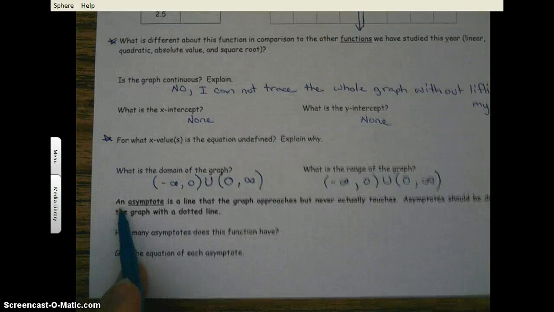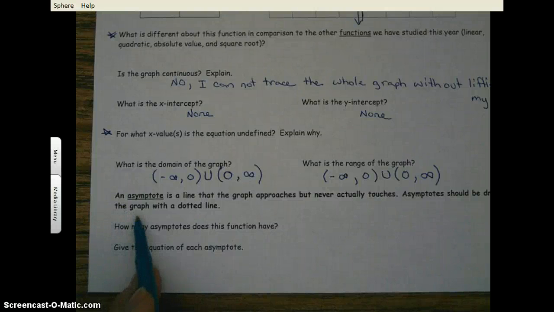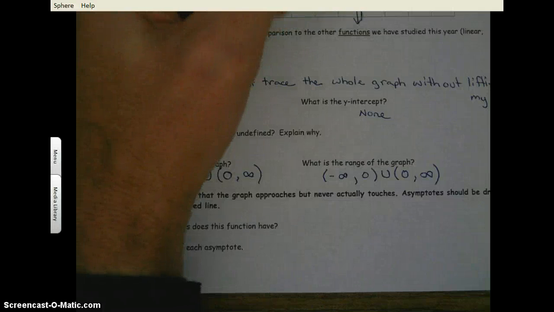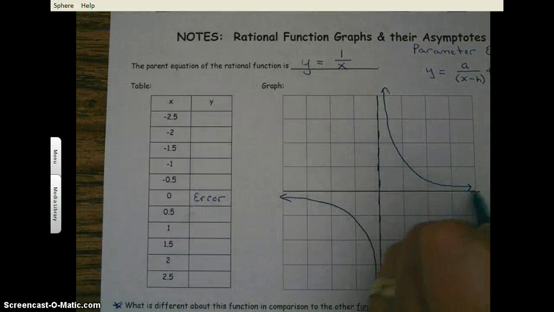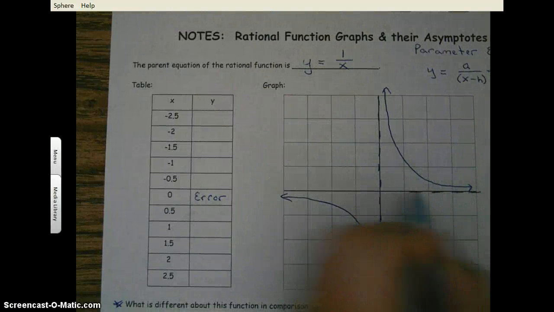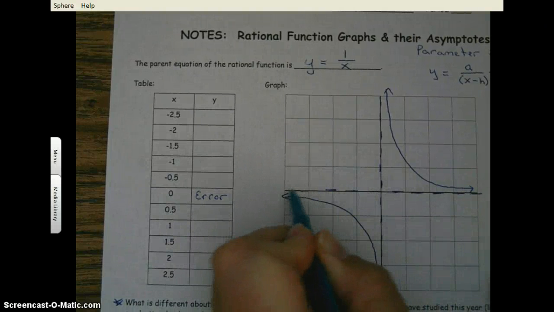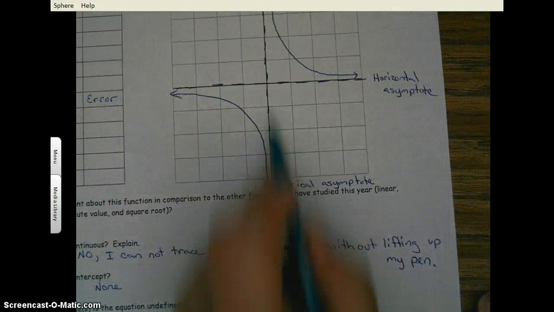Now, would you read this to yourself, please? Notice I use a dash line. That works as well. So we also said that there is one here as well. I'm going to use dash. So we have our vertical asymptote and our horizontal.